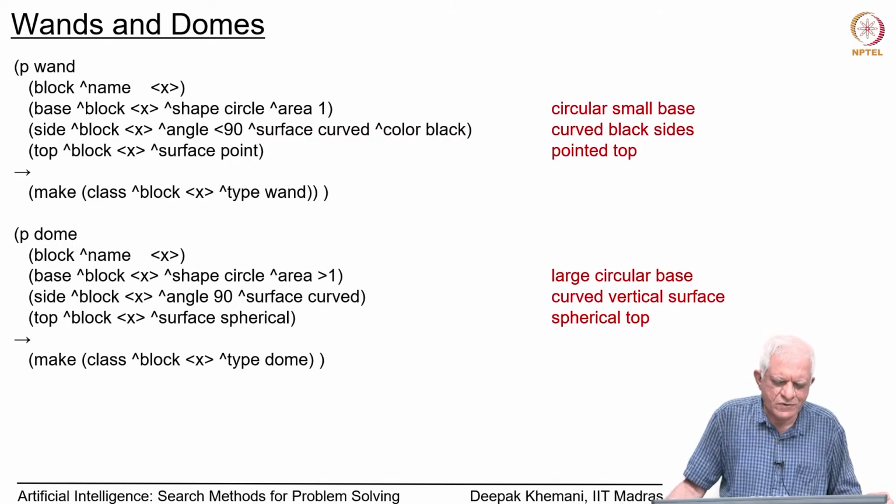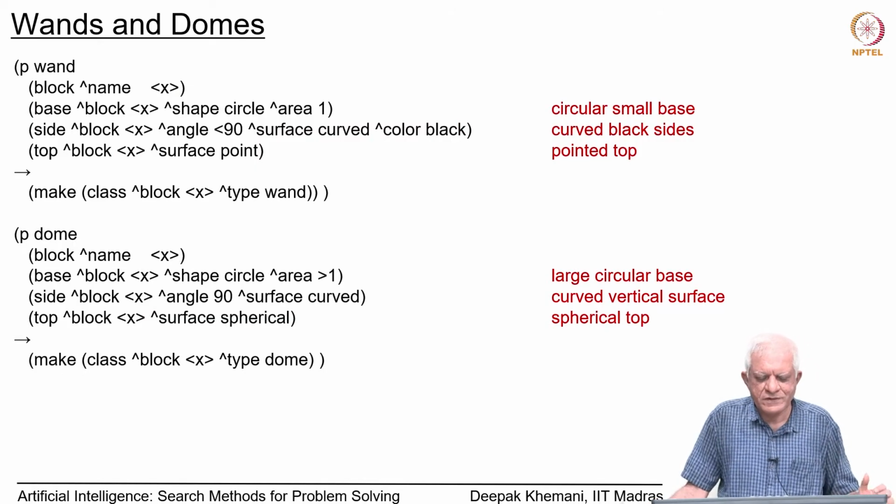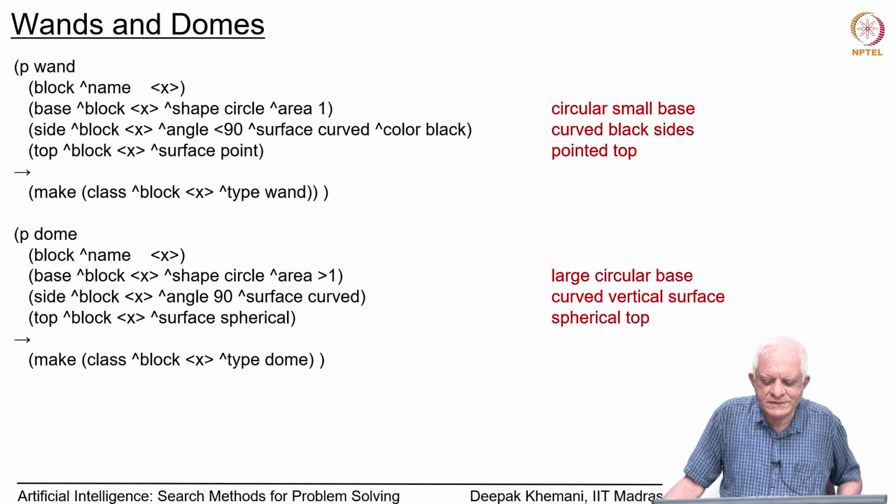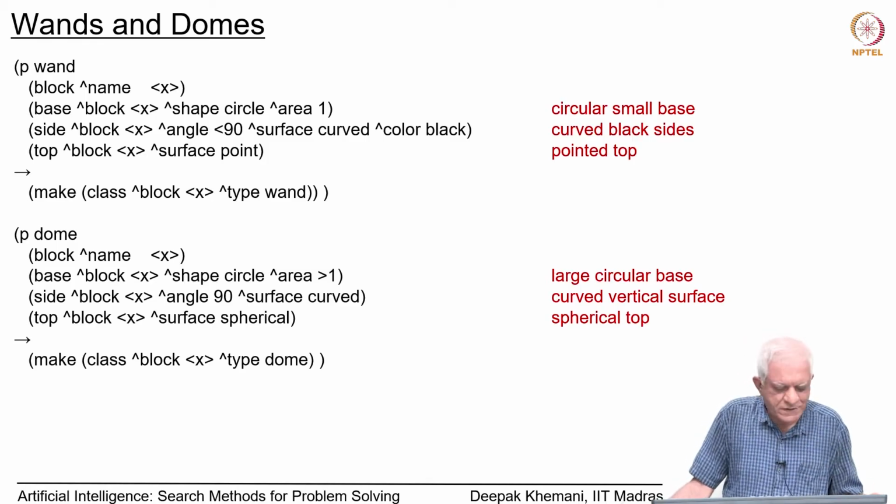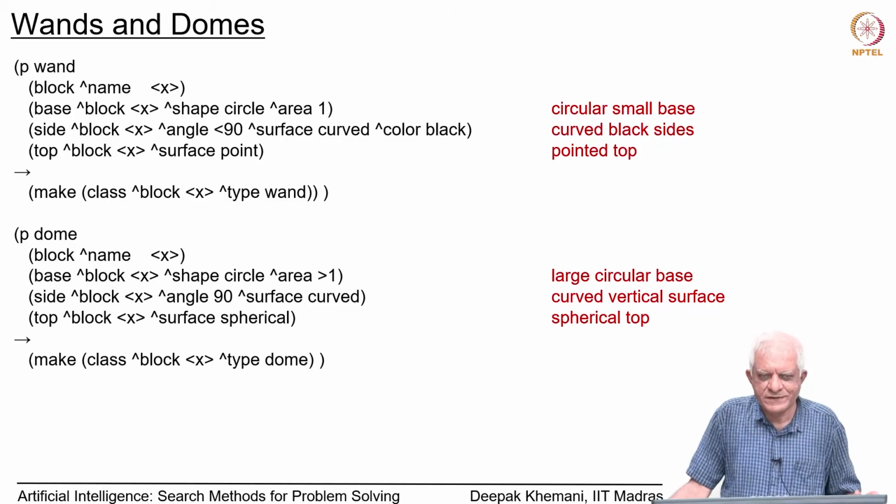So, there are two more rules here. For about 10 years ago, wands were very popular amongst children, and I imagine some of the audience here would be familiar with what we are talking about. So, what is a wand?